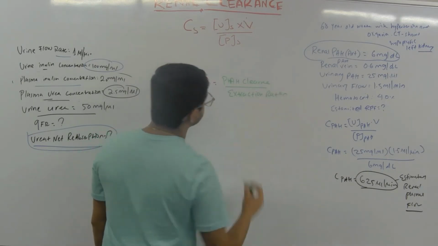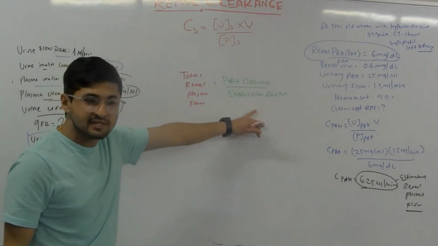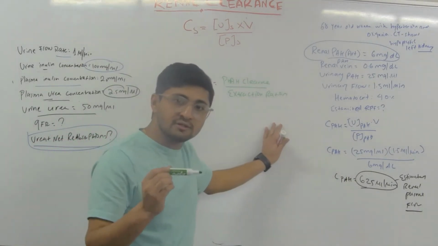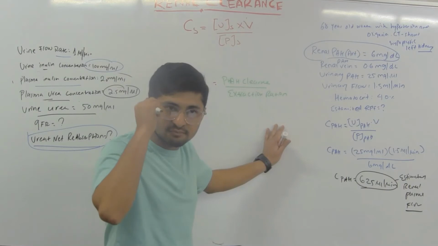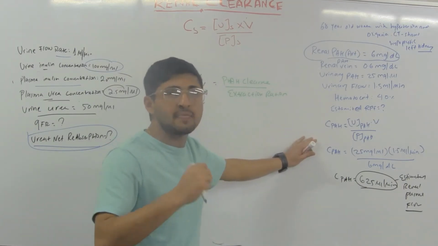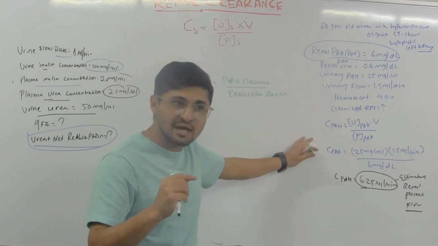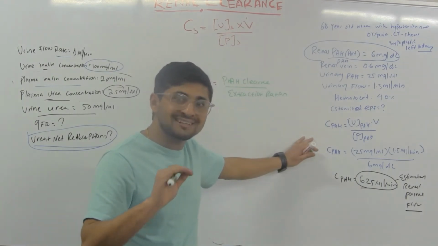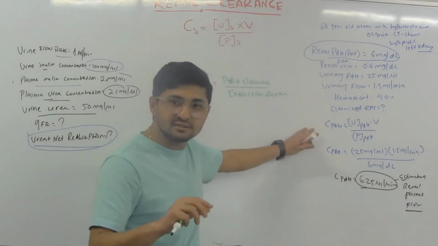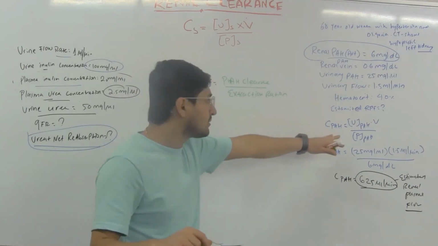Your extraction ratio basically means, this is important, the percentage of that PAH or the substance, in this case your PAH, that got removed or excreted by the kidney. In a normal condition in a steady state, about 90% gets excreted out when we're talking about the PAH.